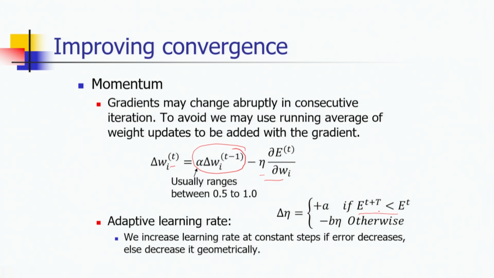Otherwise, if the error is not reducing, you just look back at the iterations before the tth iteration, what was the error? If it is a reduction, then you go ahead with the positive step. Otherwise, there is a negative direction. So you get some kind of adaptiveness while moving along that space.